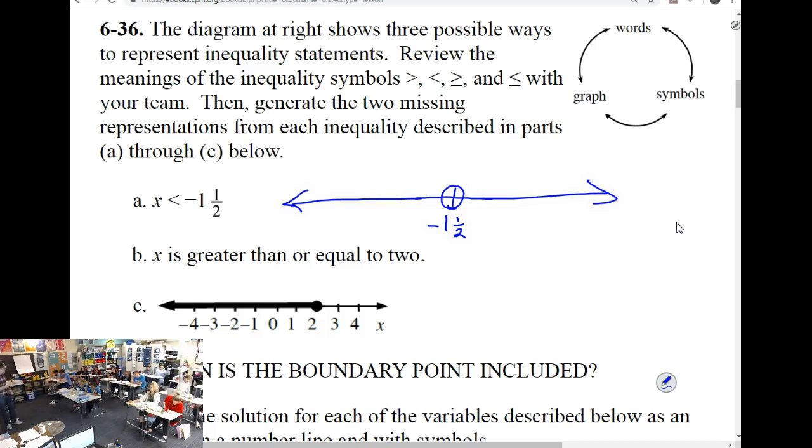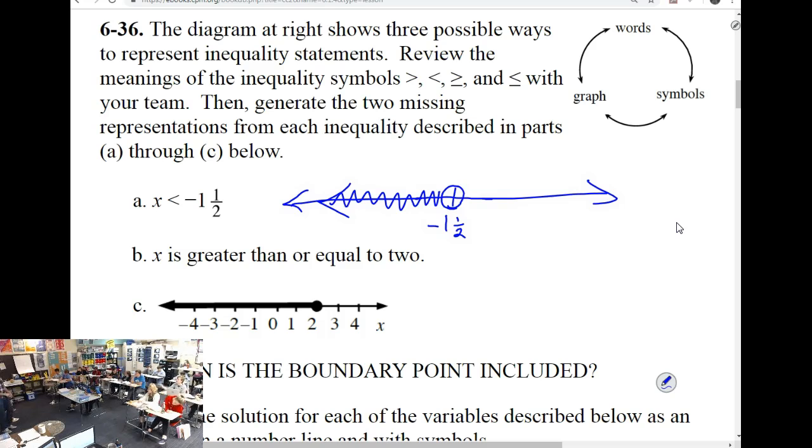Now, I forgot to tell this class the trick yesterday. At the end of class yesterday, if you remember, we took that inequality, I think it was 2 is greater than x or something, and we turned it around so the x came first. If your x comes first, you're going to love this trick, this points the direction we shade from the point.